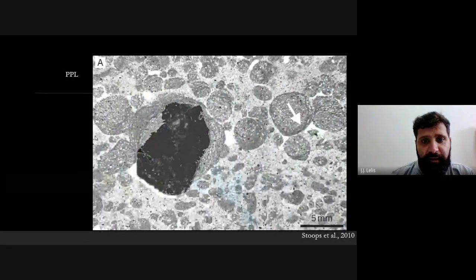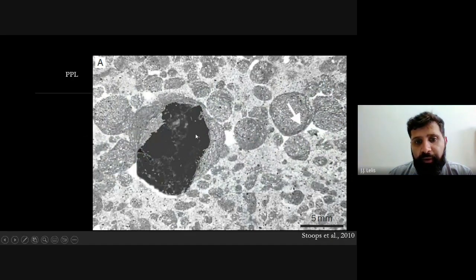We can see in some of these coarse bodies, like here, those films, those clay coatings that I told you about, that tell us that, okay, the clay fraction here migrates through the soil horizons, through the soil.